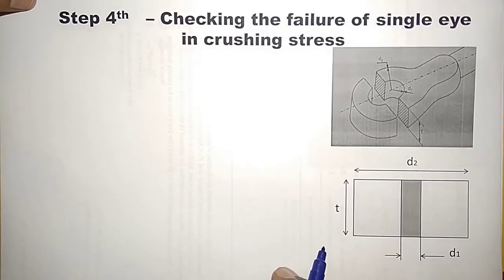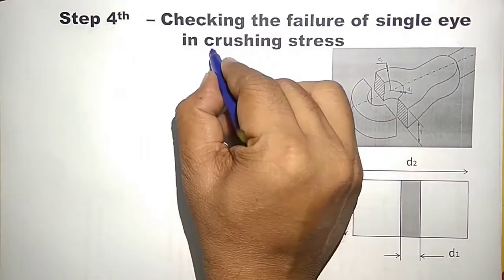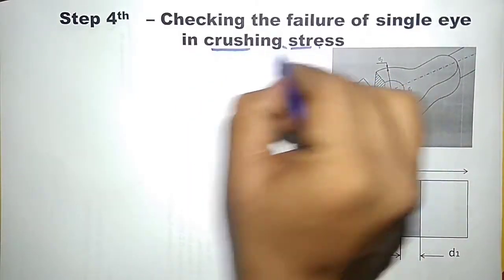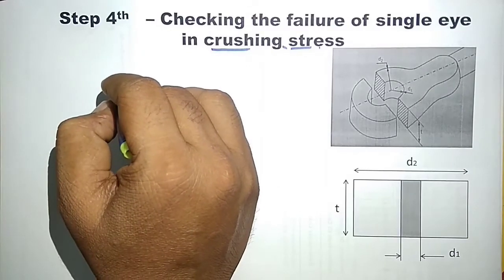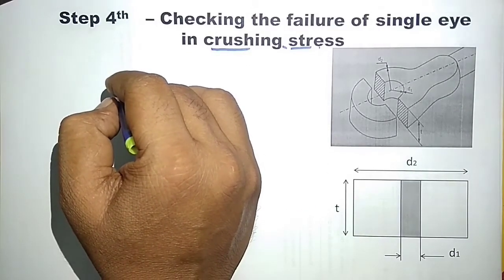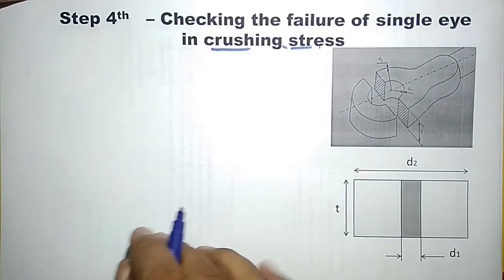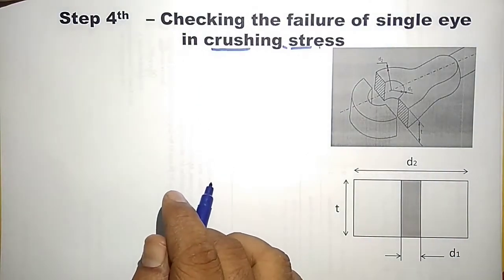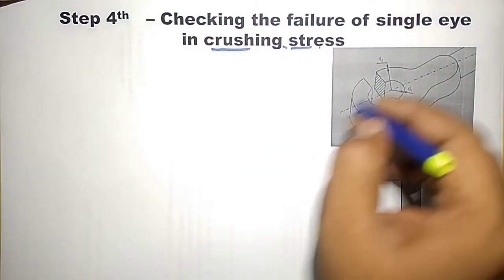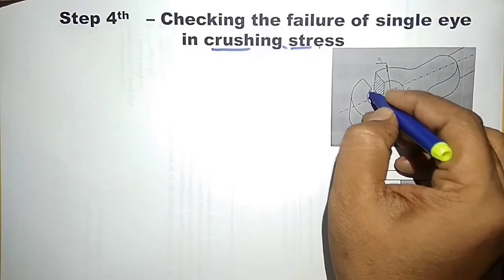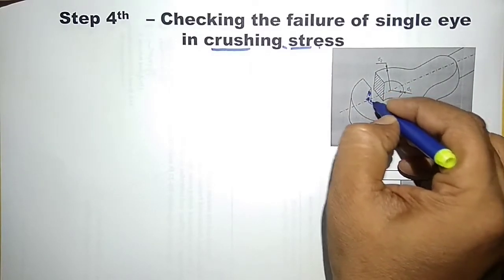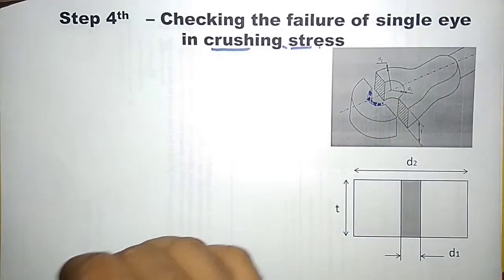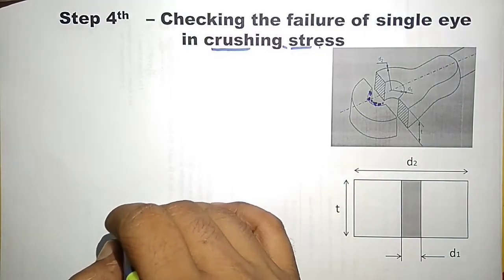In the next step, means in the fourth step, checking the failure of single eye in crushing stress. So we are checking for safe crushing. It means that the induced stress should not exceed the permissible limit, so that crushing stress will be induced in this contact area of the single eye with the knuckle pin.